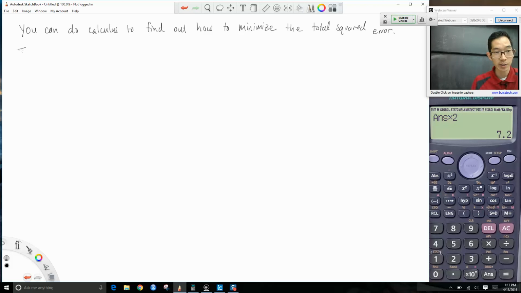So the results say that the best fit line will have the following slope and intercept.